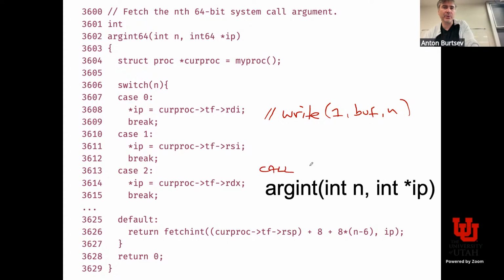When you call something like write, the compiler itself will correctly move 1 into the RDI register, move the buffer into the RSI register, and so on. So you don't have to do anything, no custom code generated.